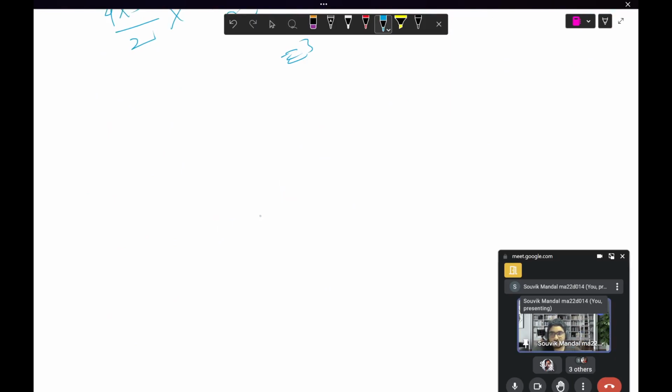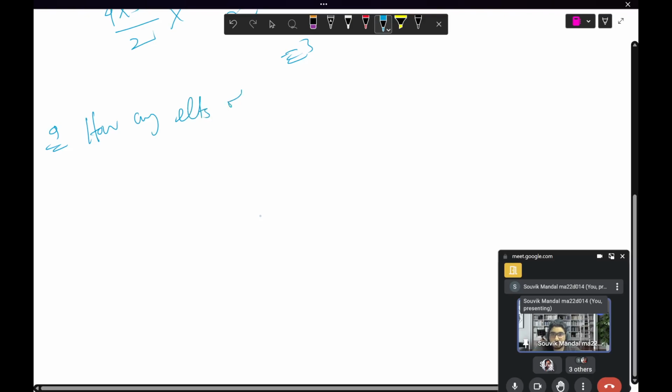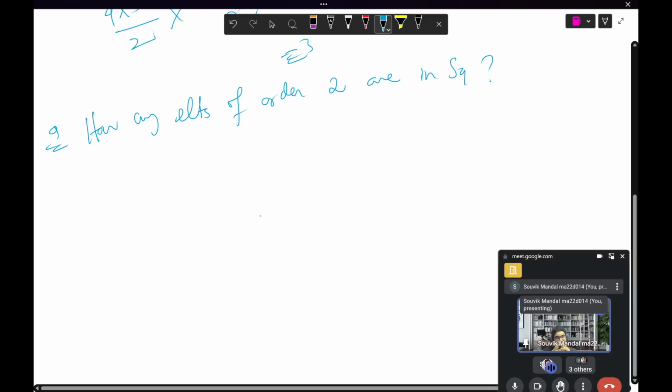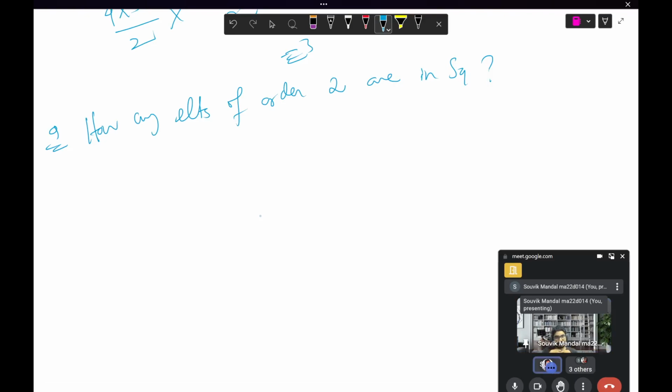The next question is: how many elements of order 2 are in S4? Sir, order 2 implies the length of the cycle should be 2.